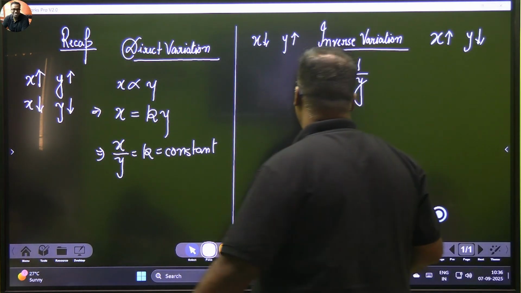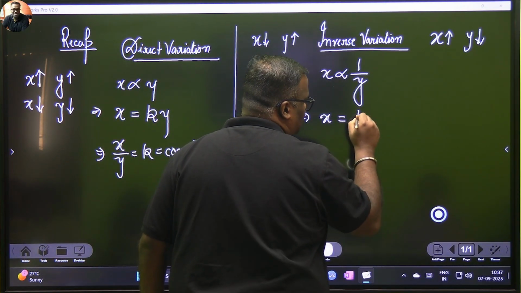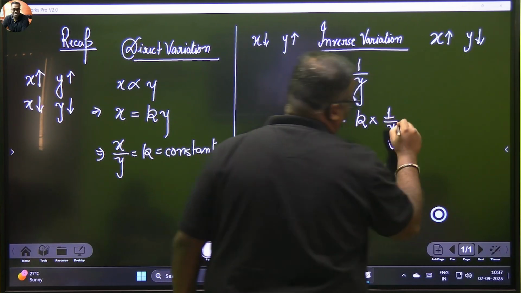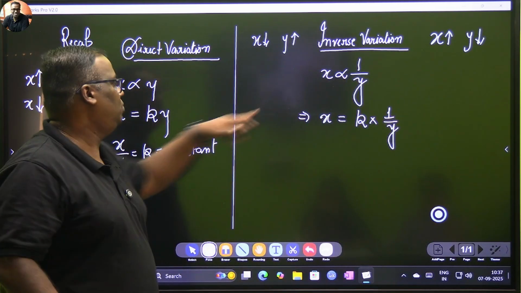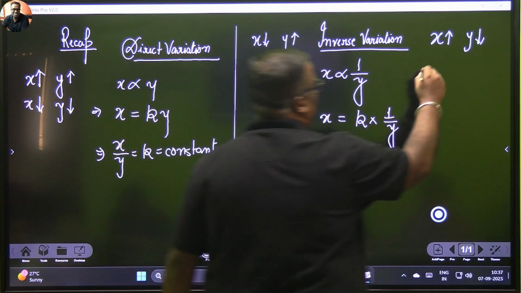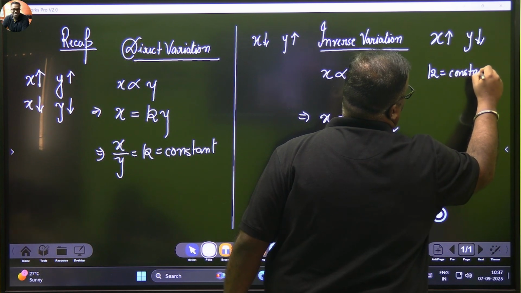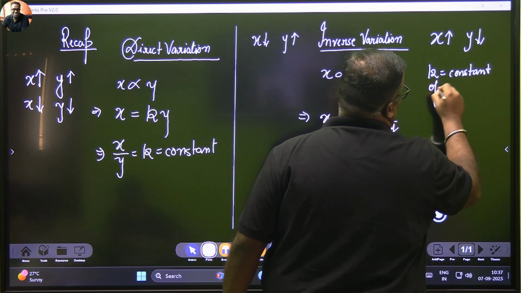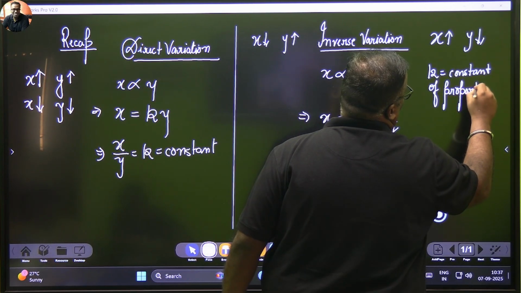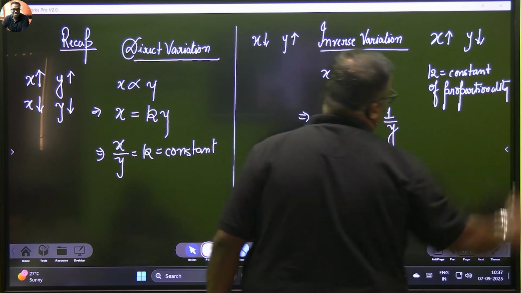Further, if we try to solve it algebraically, we will write x is equal to some constant of proportionality k into 1 upon y. Whenever you replace proportionality with equal, you bring the constant of proportionality. I hope you know what is k. k is known as the constant of proportionality.